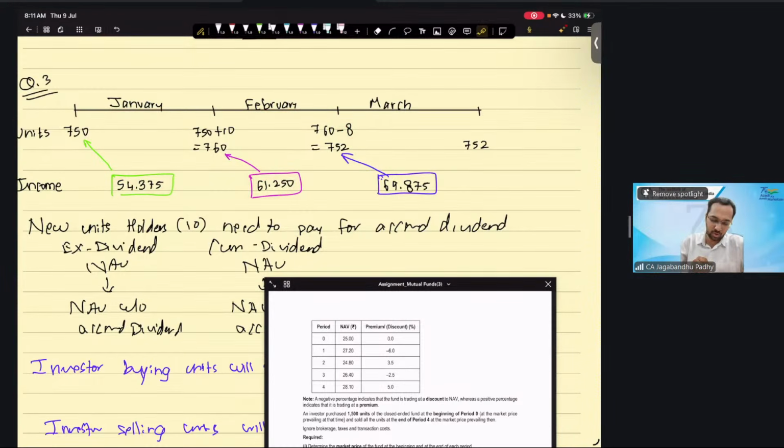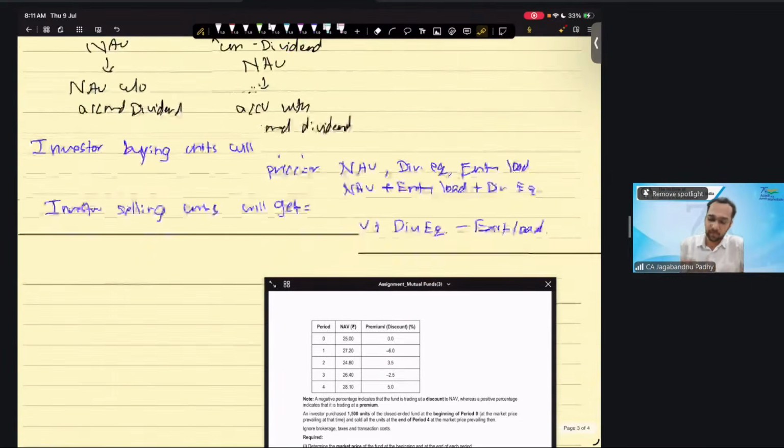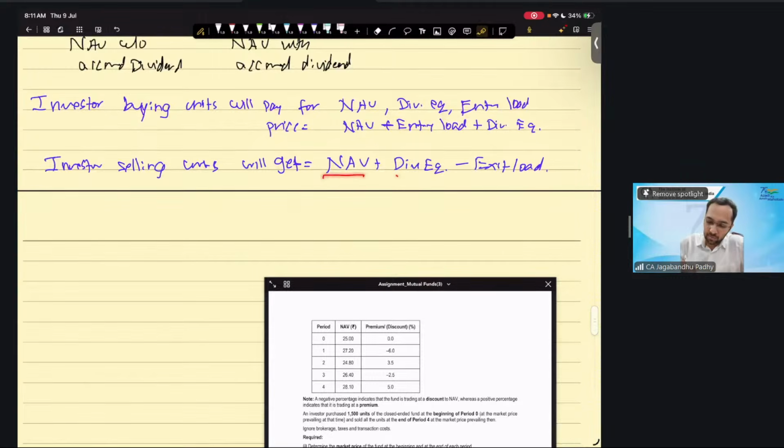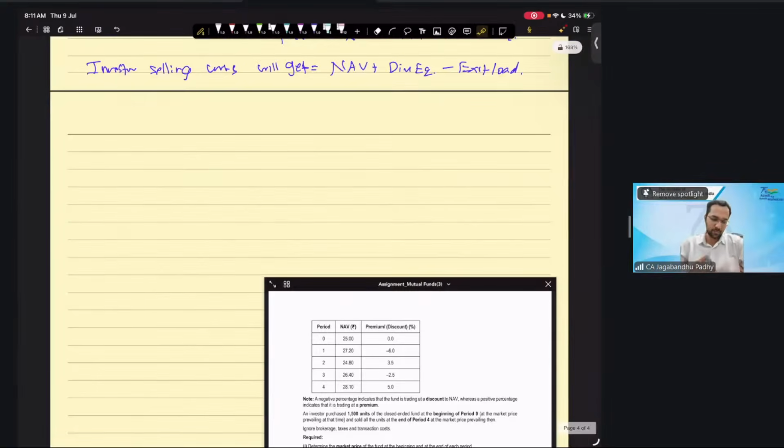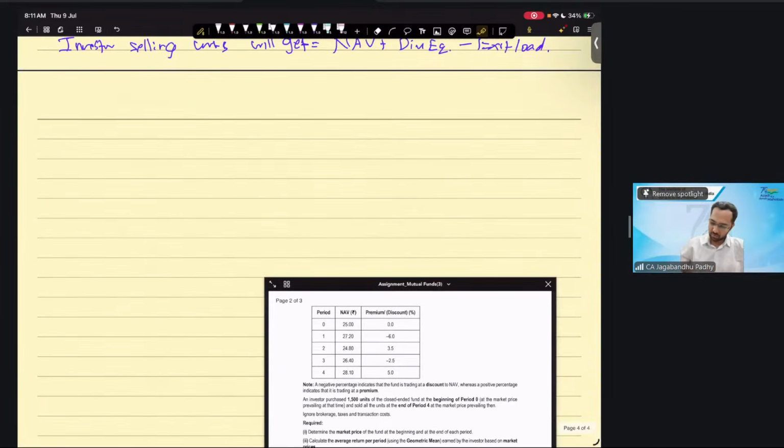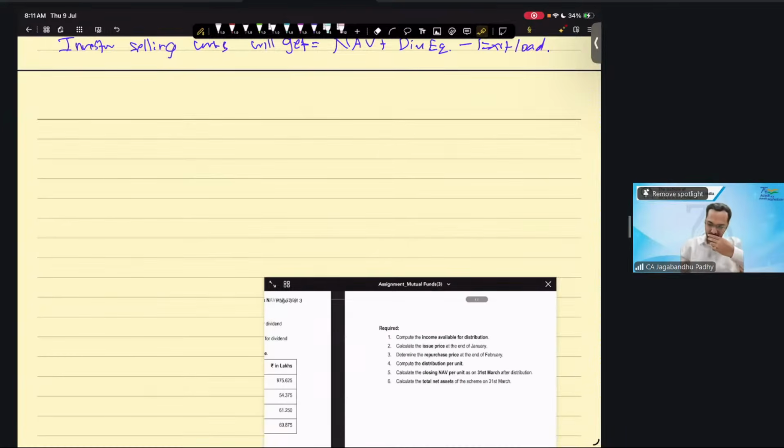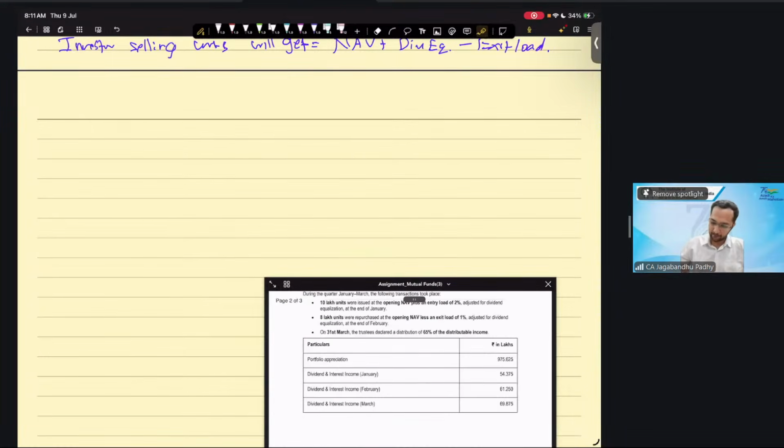Got it? So he should be getting the dividend or income which is earned by the mutual fund during his period of investment. So he'll be paid NAV, he'll be paid dividend equalization, and of course, exit load will be subtracted. Okay. Let's go for calculation of income available for distribution.